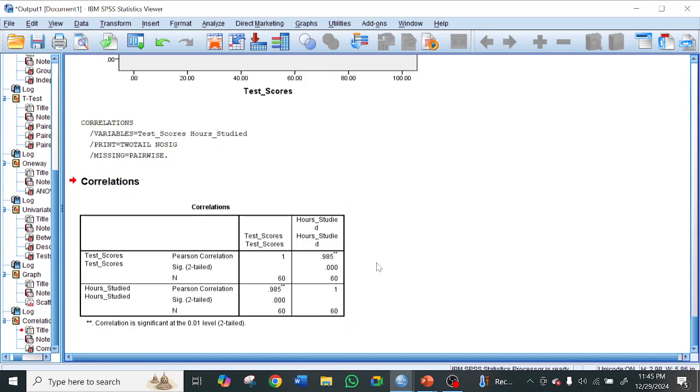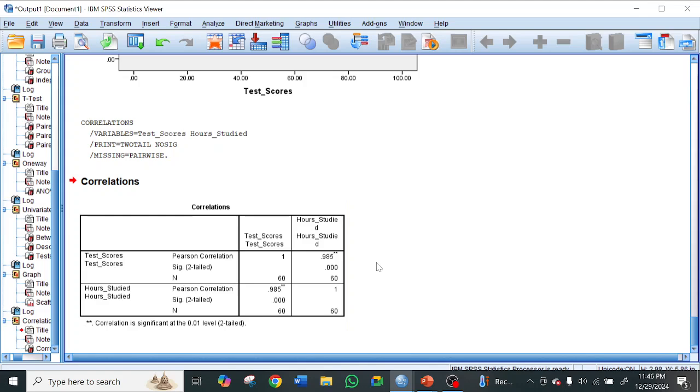So if we are meant to state a hypothesis now, we can say that the results showed a very strong positive relationship between the hours studied and test score, and that's statistically significant. This implies that as students spend more time studying, their test scores tend to increase significantly.